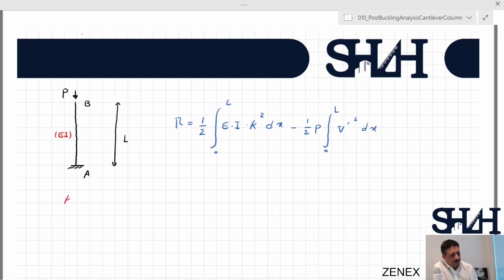Now, we can calculate kappa, which is minus V second divided by the square root of 1 minus V prime to the power of 2, from the mathematics.